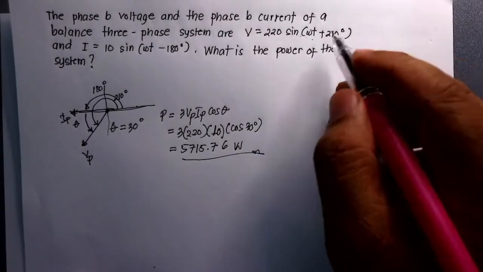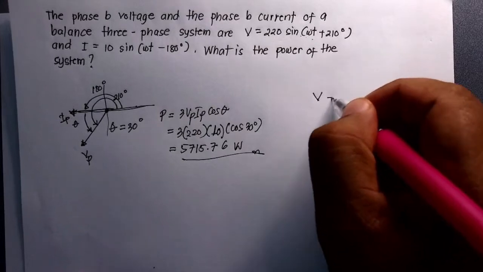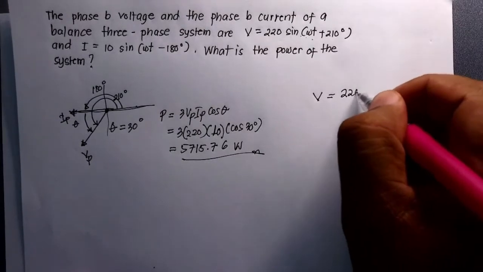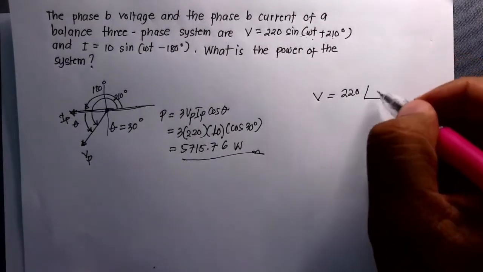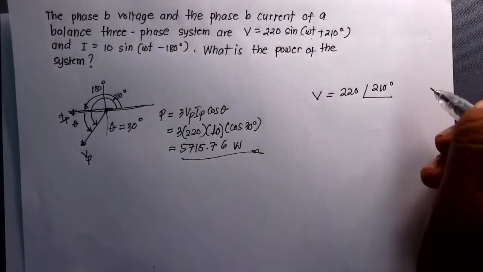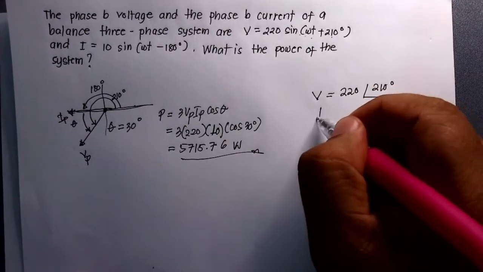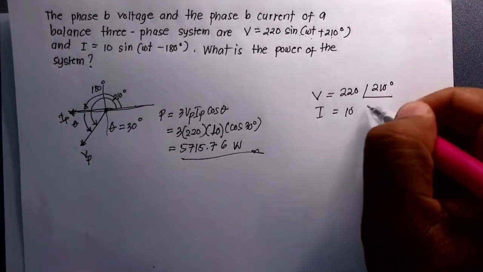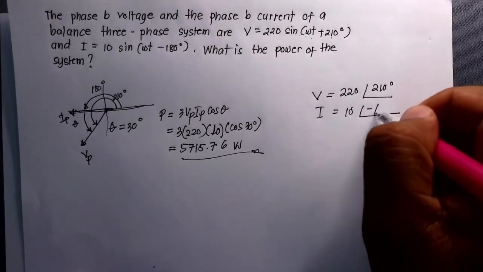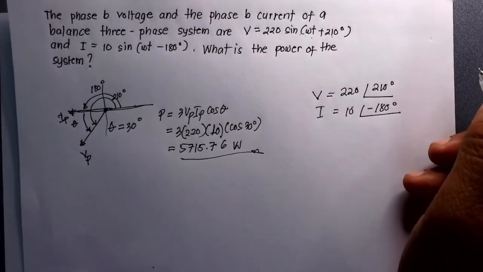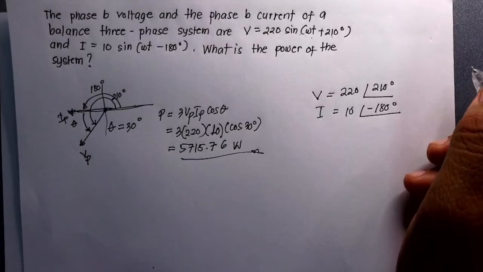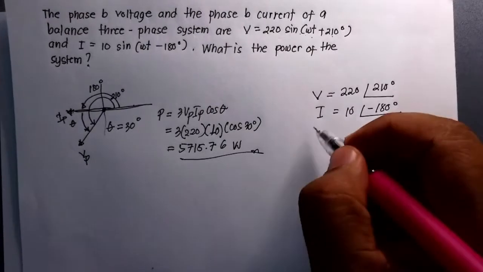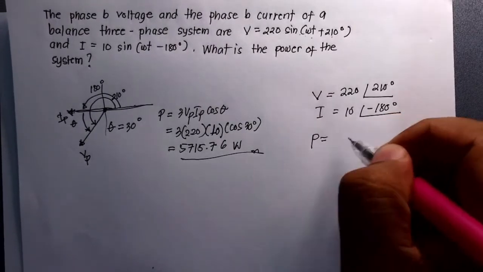So that will become V, 220 cis of, we place the angle here, 210 degrees. And for the current also, you have 10 cis of negative 180 degrees. And if we are looking for the power of the system, we simply multiply V times I.